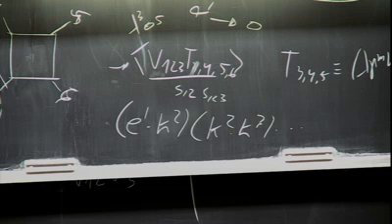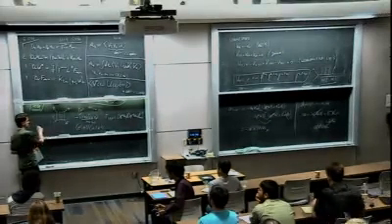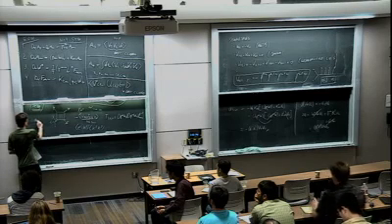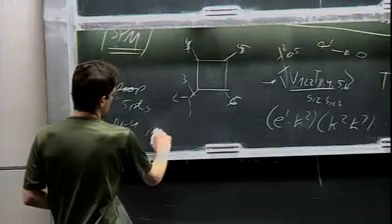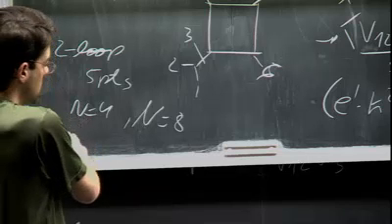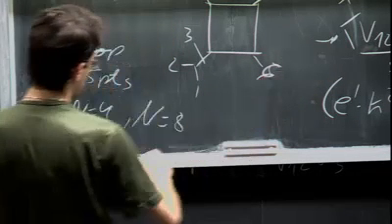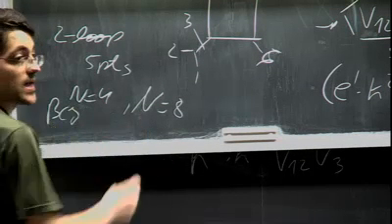Well, you can do that. I don't know if that's obvious or not, but yeah. I think 2 months ago, this has been done for 2 loops, 5 points, both n equals 4 and n equals 8 supergravity, because the n equals 4 parameterization in terms of this language was shown to satisfy the BCJ condition, so you get n equals 8 for free.